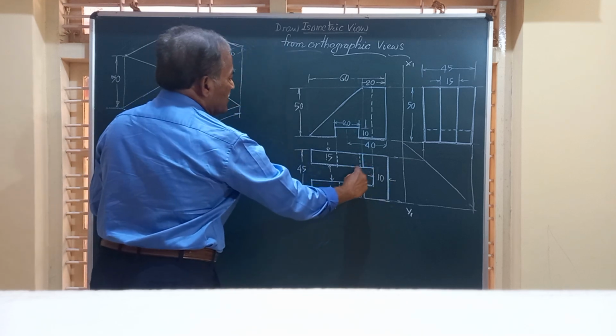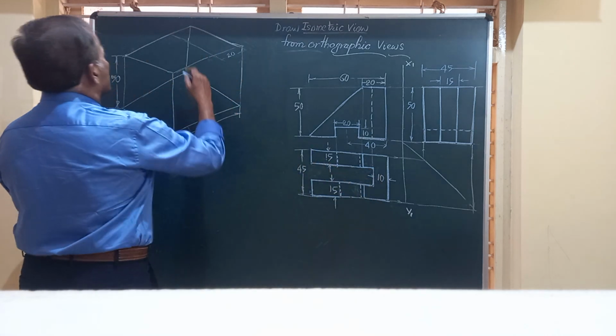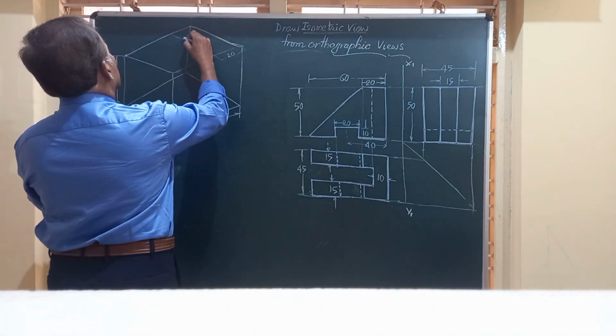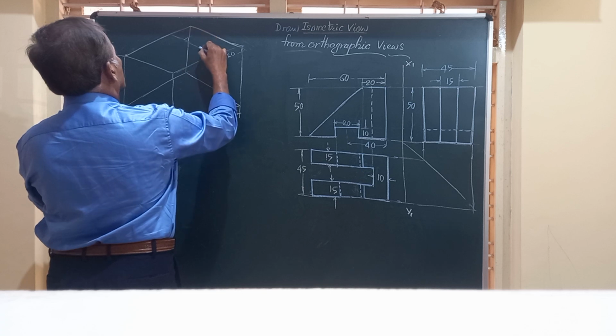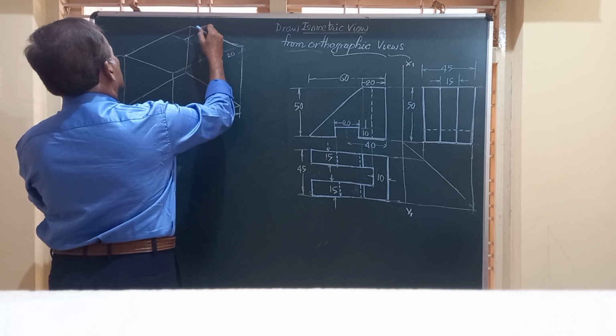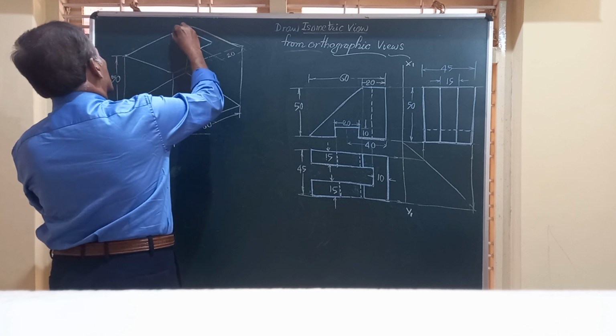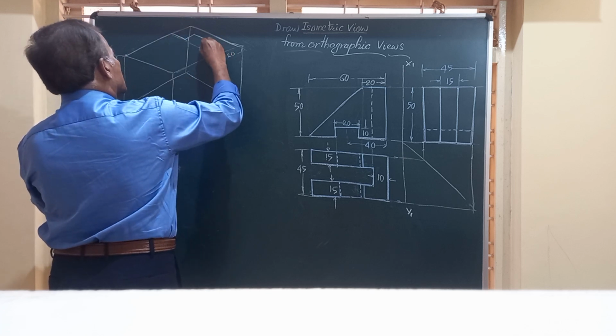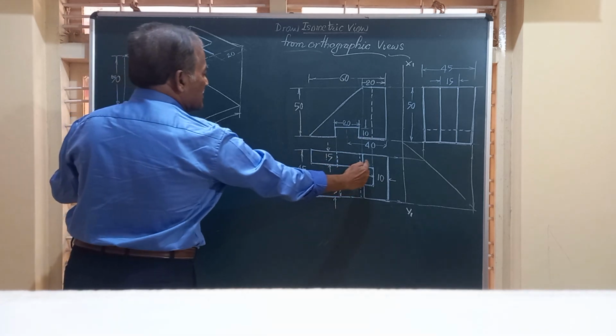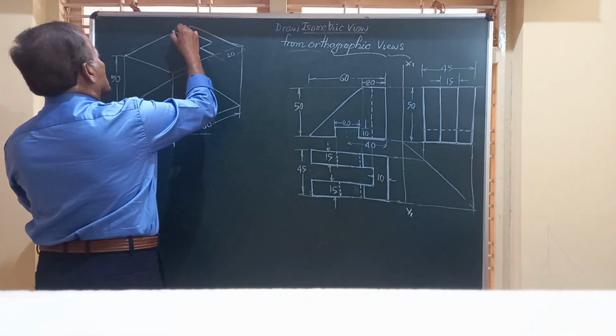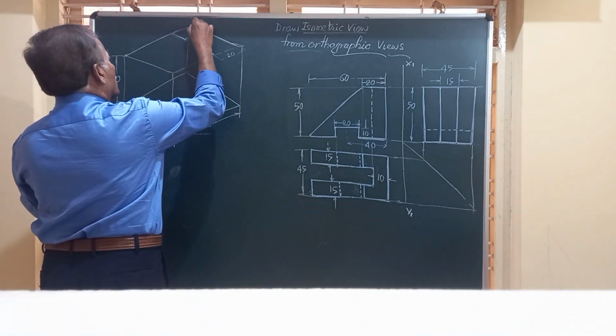So we have to extend this and obtain that C-type cutting. So friends, I am going to have this drawn here to the given dimension and obtain this portion in the box at the top.